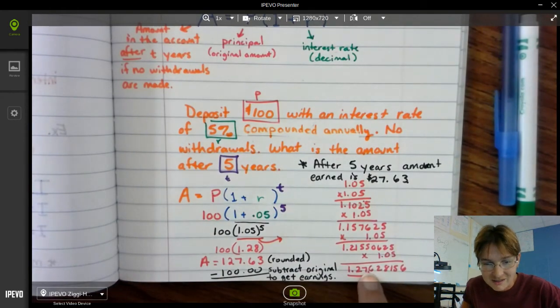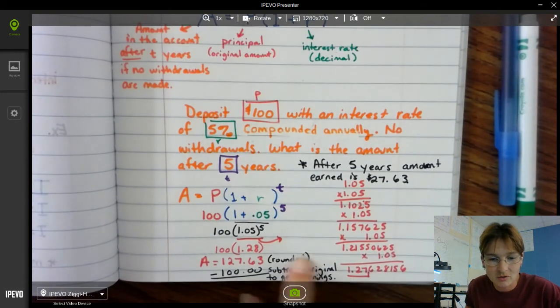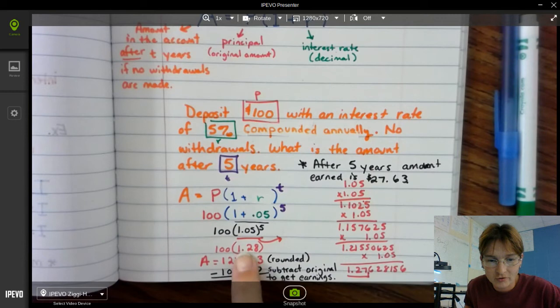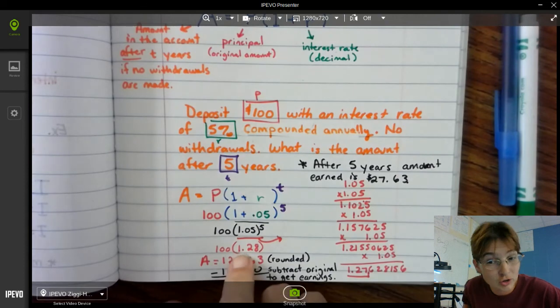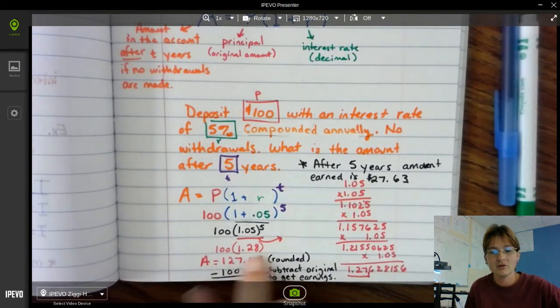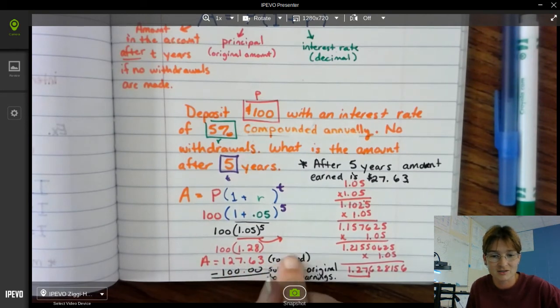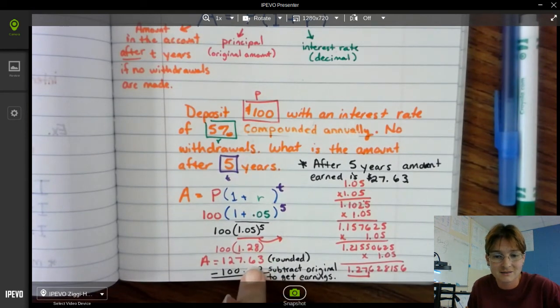And therefore 5 or more raises the score, raises this 7 to 8. So when I plugged it back into the formula, I have my 100 as the principal times the 1.28, and when you multiply that, you get $127.63. This is rounded. I believe it says 62 after this multiplication, so I rounded it to 63 cents.